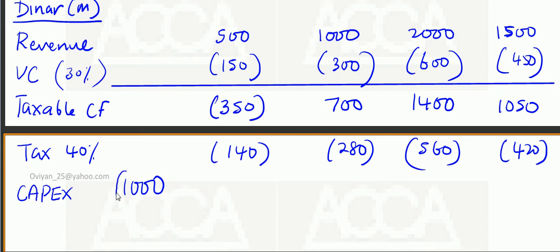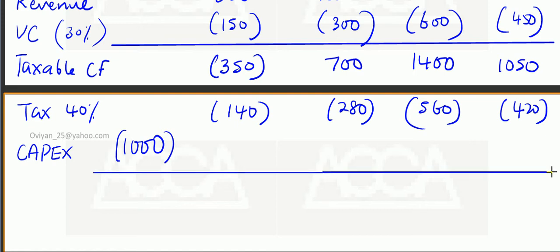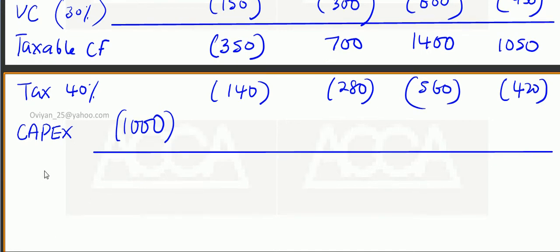There you go, and you're going to get this figure closed off. There's no working capital. If there is working capital, make sure you know how to deal with working capital: initial, incremental, and the recovery. Then you're going to have net cash flows.